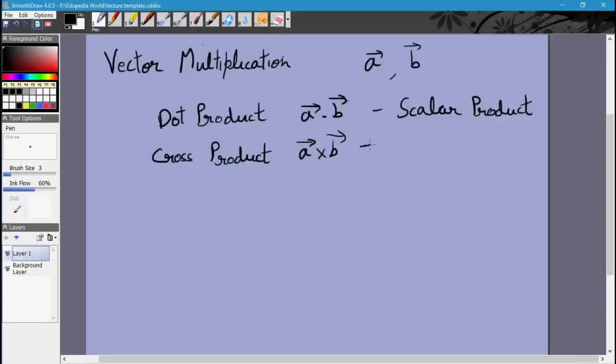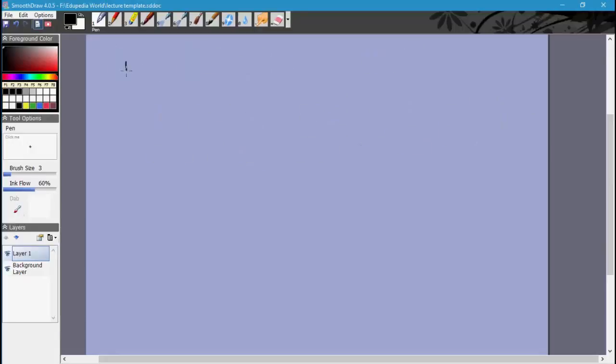On the other hand, the cross product is a vector product. Meaning if A and B are both vectors, A cross B will also be a vector, which means to uniquely determine A cross B, not only do we need the magnitude of A cross B, but we also need the direction. Let's start with dot product and then we'll move on to cross product.